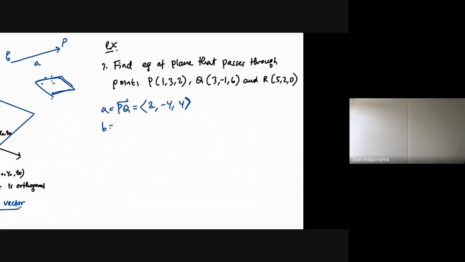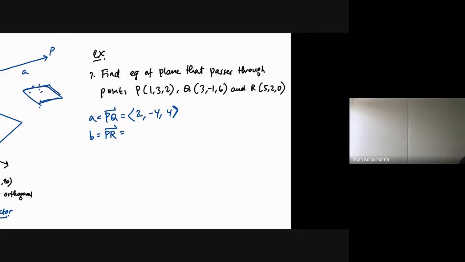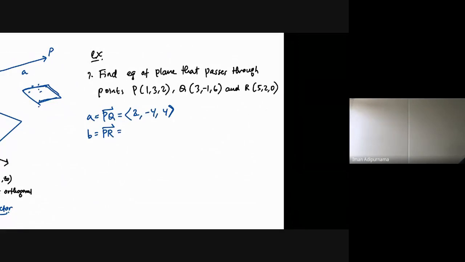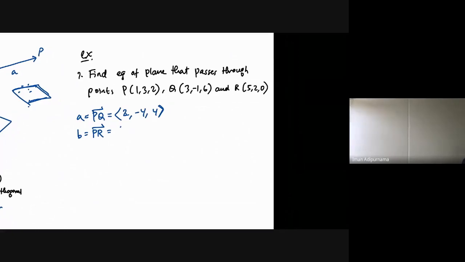And let's say we have the other vector, let's say PR. So I will set two vectors that have the same initial point. The initial point is P, okay? So PR is 4, -1, and -2.